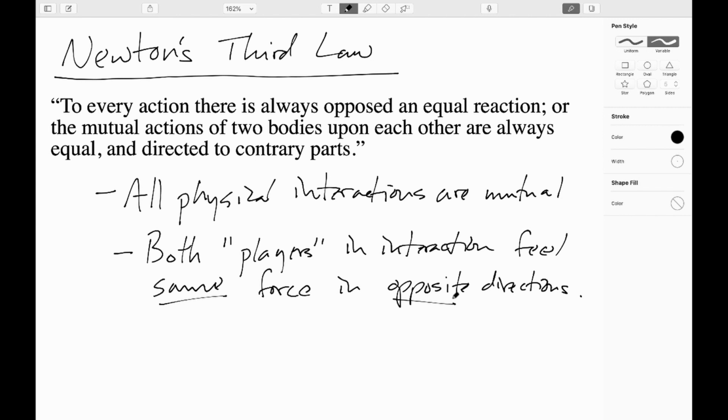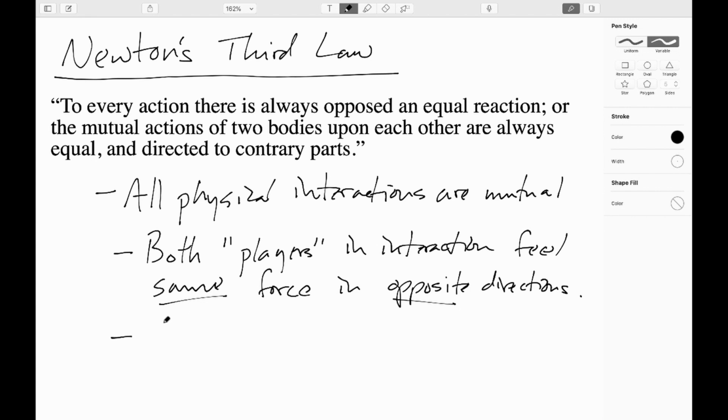So, for instance, if you push on a box to the right, the box will also be pushing on your hand to the left. And if you push on the box with 10 newtons of force, the box will push on your hand with 10 newtons of force.